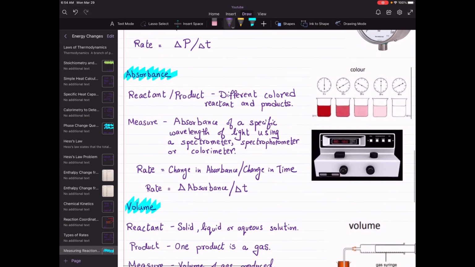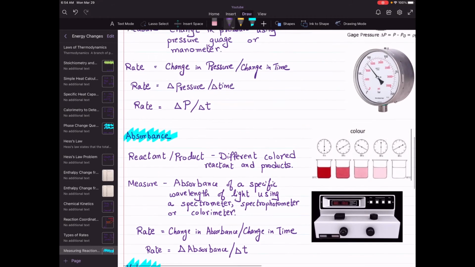The next one we have is absorbance. This can be used in a chemical reaction where the colors of the reactants and products are different. As you understand from previous grades, color is a pigment which basically absorbs a certain wavelength of light.